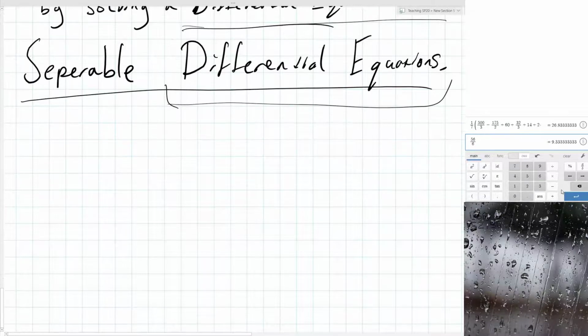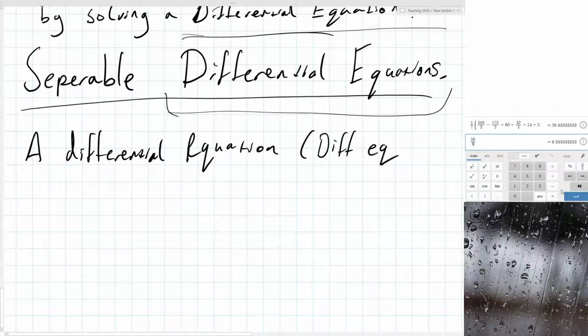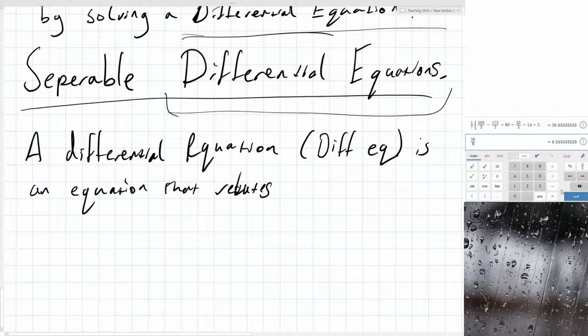So, a differential equation, I'm just going to write diffie-q from now on, is an equation that relates a function y of x to its derivative.